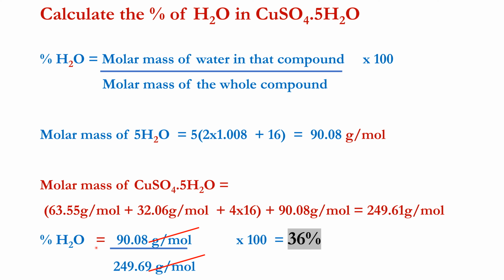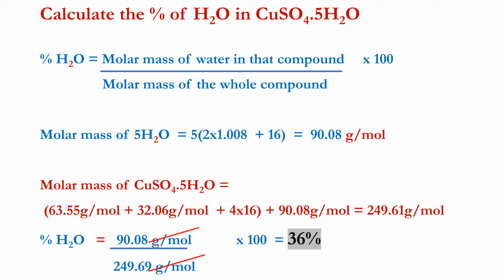So now we put in the values in the formula. Percentage water is equal to 90.08 gram per mole, which we calculated for 5 water molecules, divided by 249.69 gram per mole, which is the molar mass of copper sulfate pentahydrate, multiplied by 100.